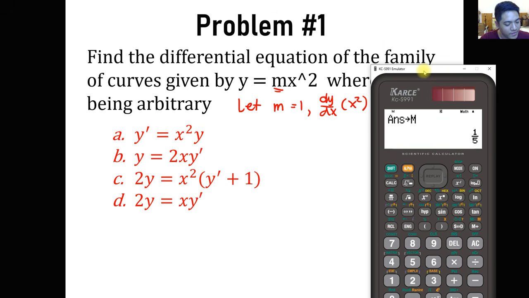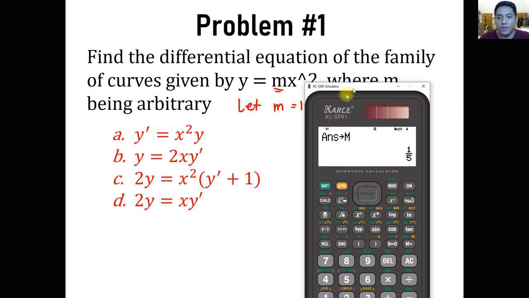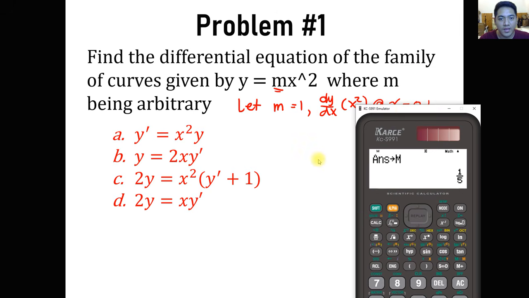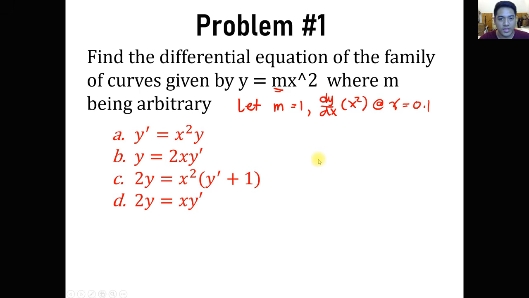The second thing we're going to do is go to the choices and make each equation equal to 1. For choice A, I have y prime over x squared y equals 1.